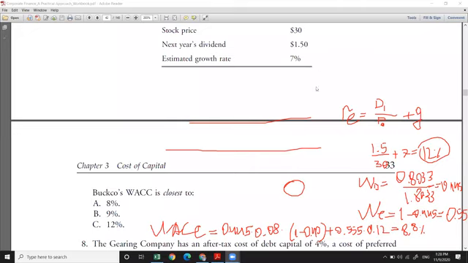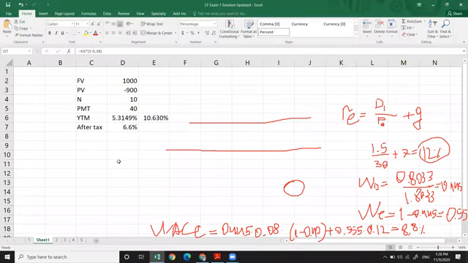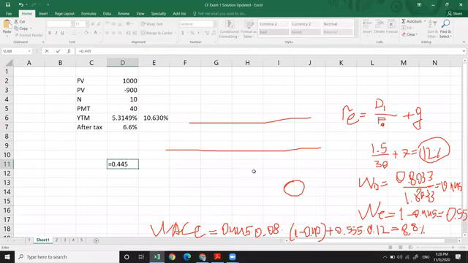And the answer in here is B. So if you just round it up, if you calculate in Excel, it should give you even 8.80 something. Let me do it quickly to show it to you. So 0.445 times 0.08 and 1 minus 0.40 plus 0.55 times 0.12.